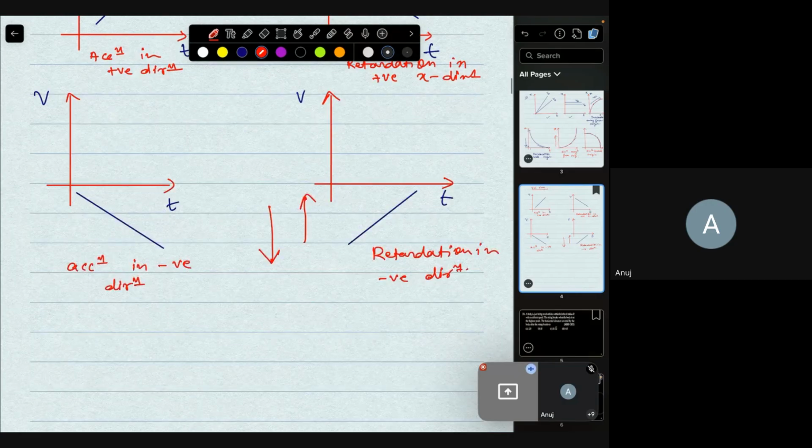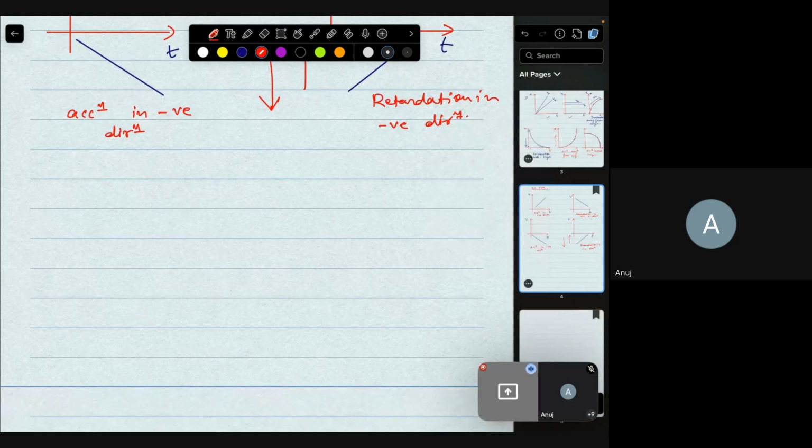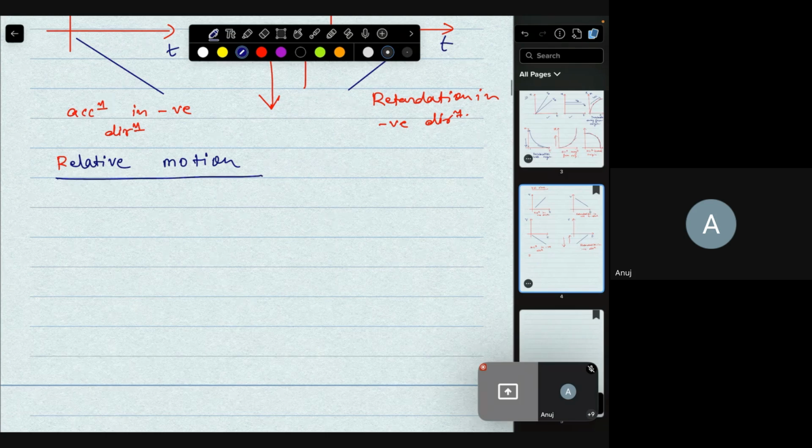Now, what we have seen after this was, I think, relative motion, if you remember. Do remember this basic formula and the notation also, what it means. Then every problem of relative motion can be taken care of easily.